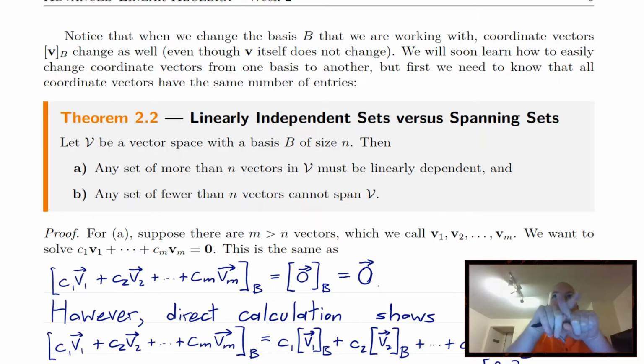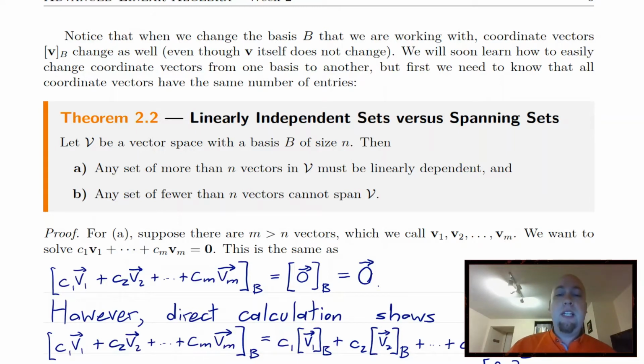Okay, you're going to be able to construct at least one of those 3 vectors as a linear combination of the other 2, and that makes sense, right? If you have 3 vectors on a plane, there's some redundancy there, right? Like the third vector doesn't really give you a new direction. And part B here, I mean, if I have a set with fewer than 2 vectors, right? So I have just 1 vector on a plane, well, that's not enough to span the whole plane, right? It's just not a big enough set to span the vector space, right? So that's the idea here.